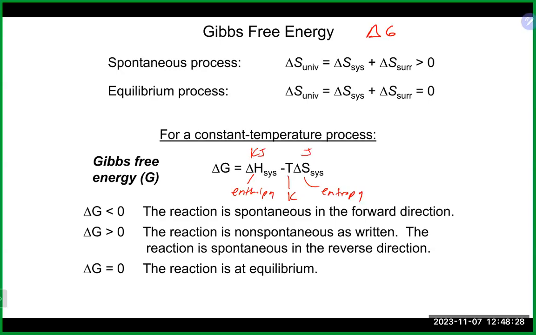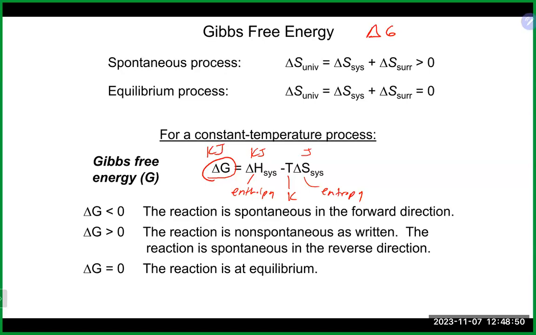So you probably need to do a conversion one way or the other to get them both in the same units. Otherwise, again, you'll be off. Delta G and delta H are typically given in units of kilojoules, and delta S is typically given in units of joules.